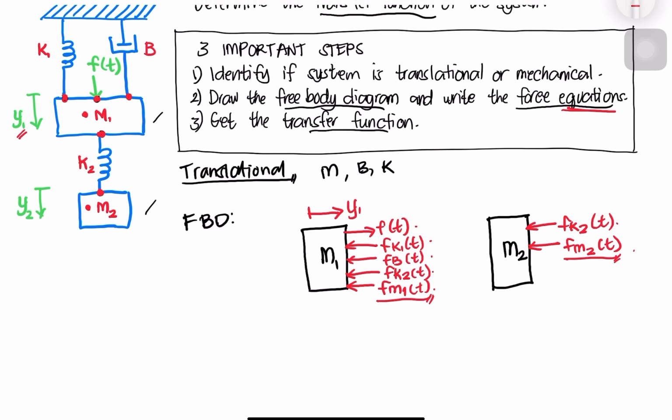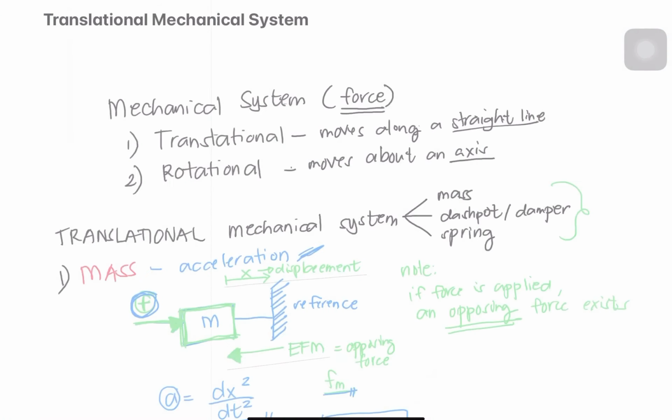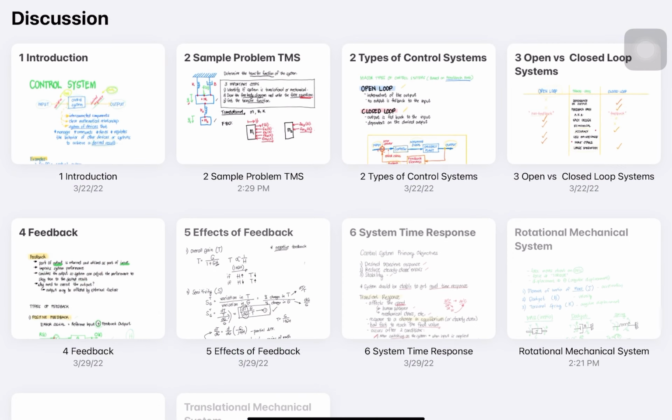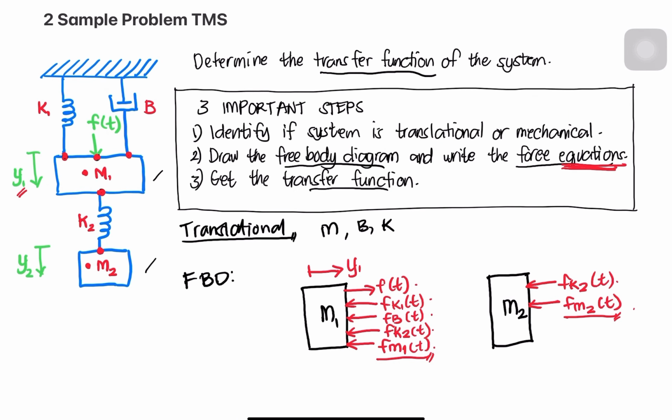If you miss one of these forces, then the force equations you get will already be wrong, and in turn the transfer function will also be wrong. So this is very important and very critical as well. We forgot to draw here Y2. Okay. If I check your quizzes and you miss this, that will be minus points for the free body diagram.